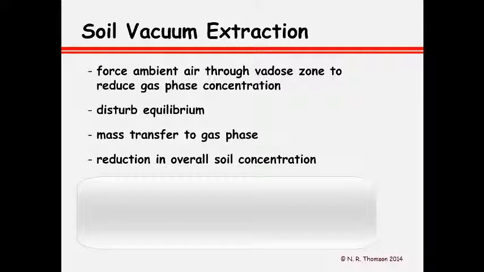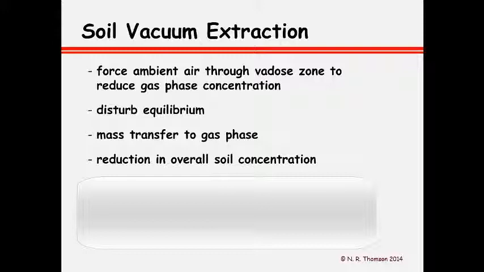So this segment is about mass transfer, in which we force ambient air through the vadose zone to reduce the gas phase concentration. That way we are disturbing the equilibrium that's present. We have our mass transfer to the gas phase, and we have a reduction of the overall soil concentration.